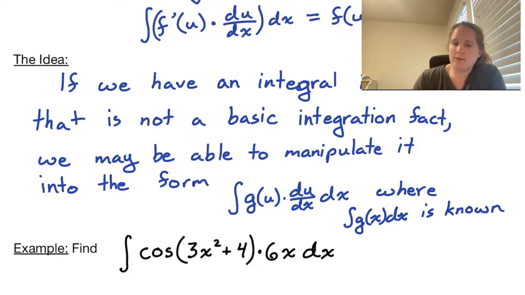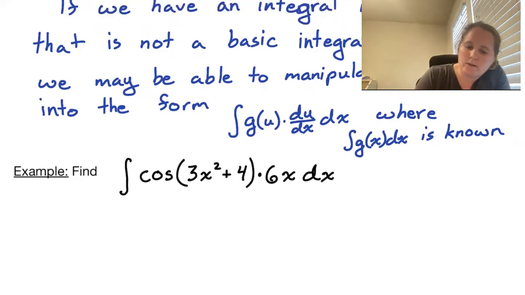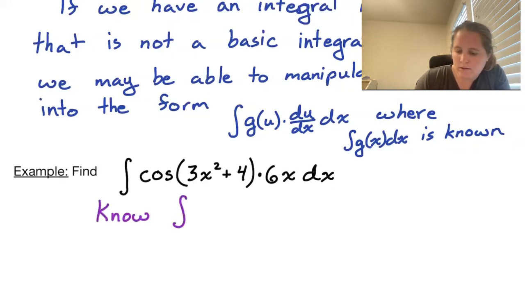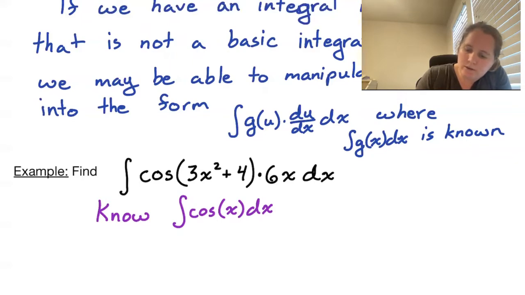So for an example, let's consider the integral of cosine of 3x squared plus 4 times 6x dx. Just some things to keep in mind. We know the integral of cosine of x dx. We don't know what to do when there's something else inside the cosine. So presumably, the thing that's going to be our u is that piece inside of our cosine.